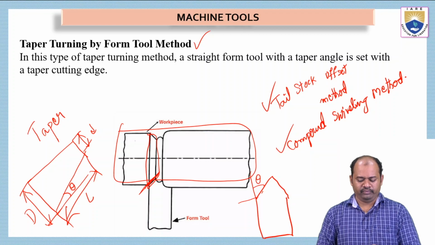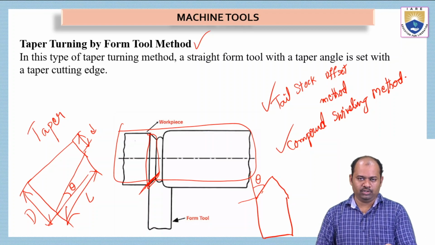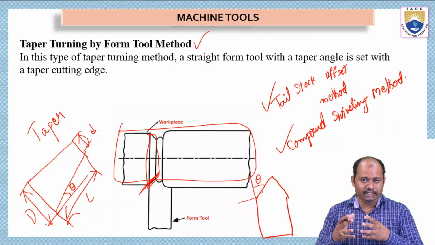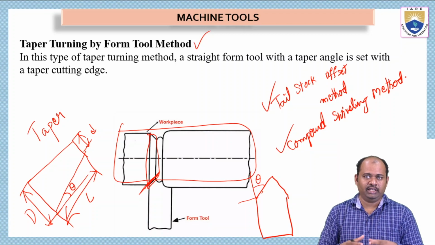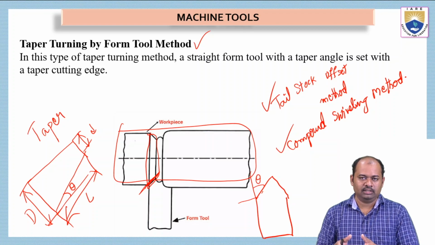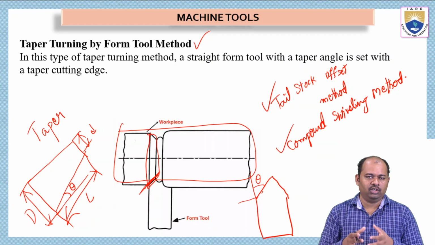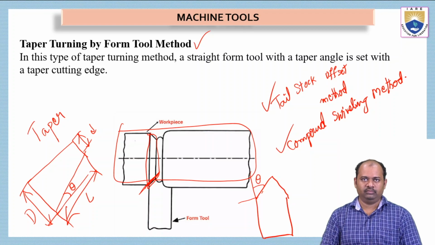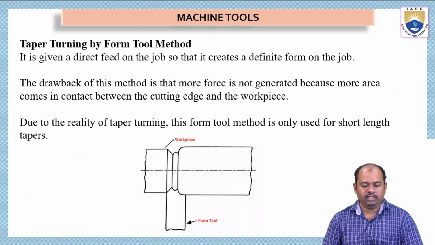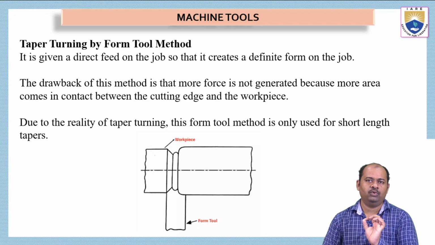But if this process has to be used, we have to use the angle that is predefined by the tool itself. The tool has an angle which is predefined, and only this angle of taper is possible on the workpiece. We cannot change the taper angle of the tool. So this is a very simple process, and a direct feed is given on the job so that it creates a definite form on the job.